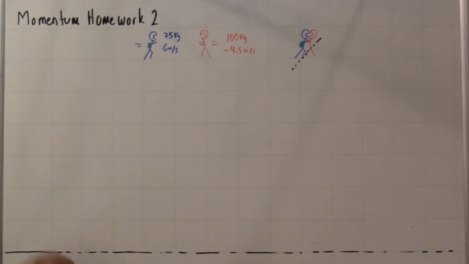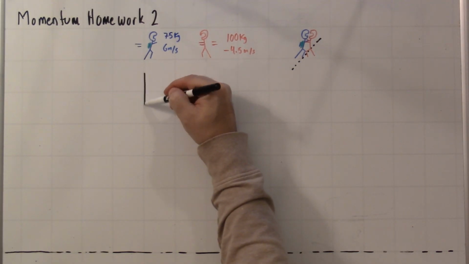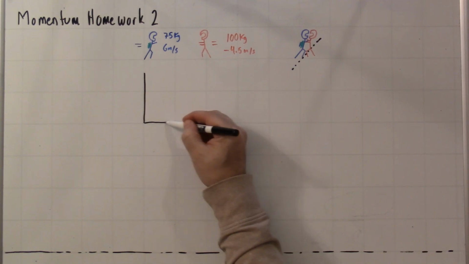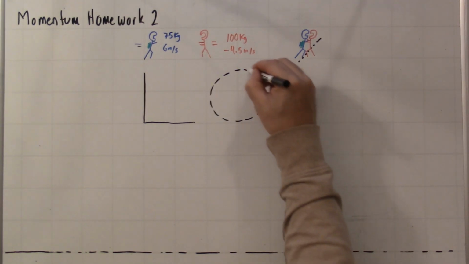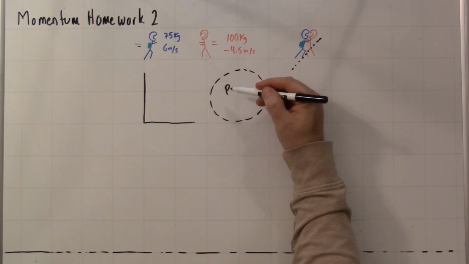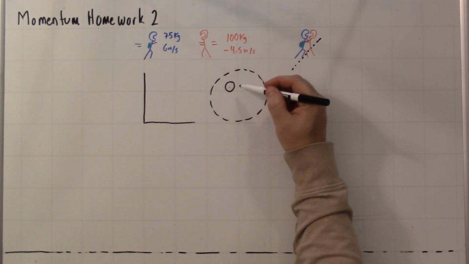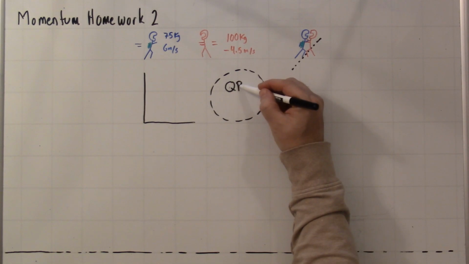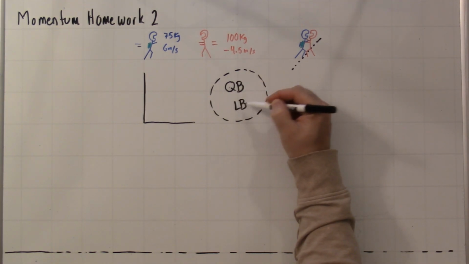So let's start with the energy bar charts. All right, we know what these look like. In our system is the quarterback, the QB, and then the linebacker.